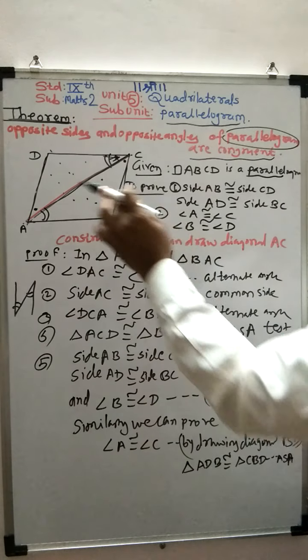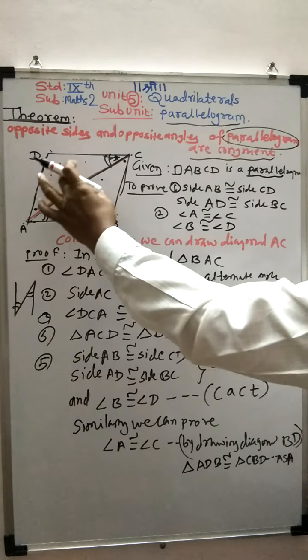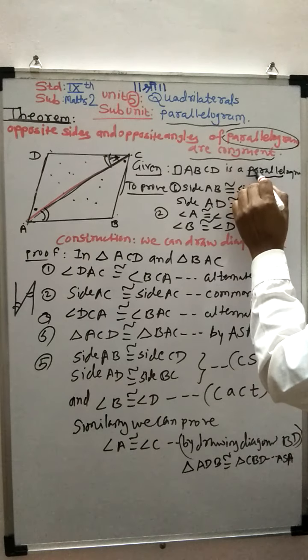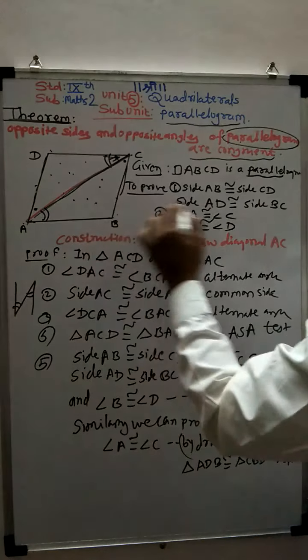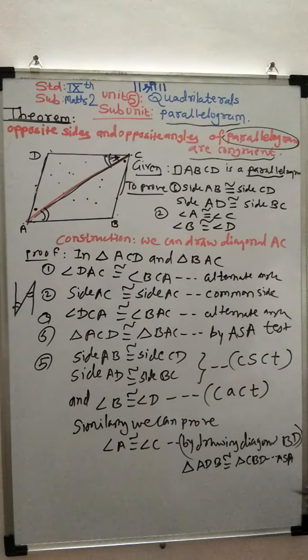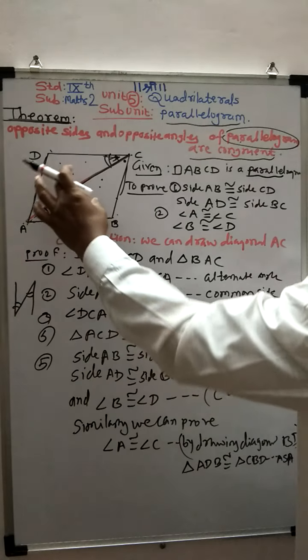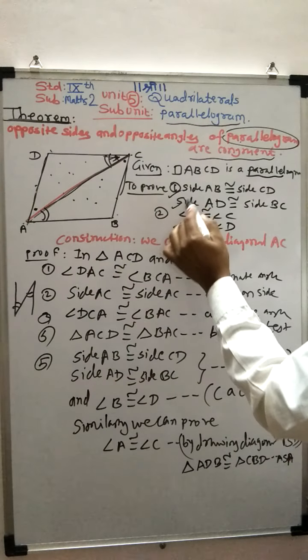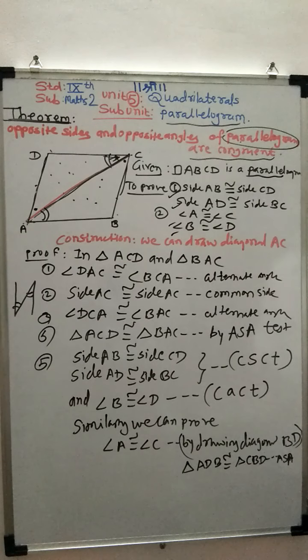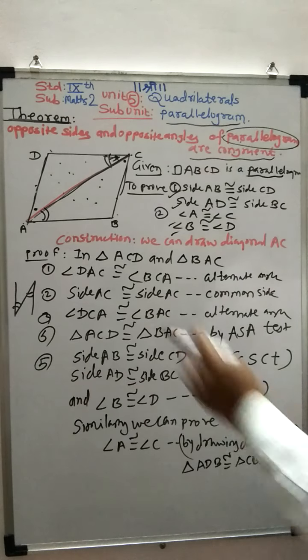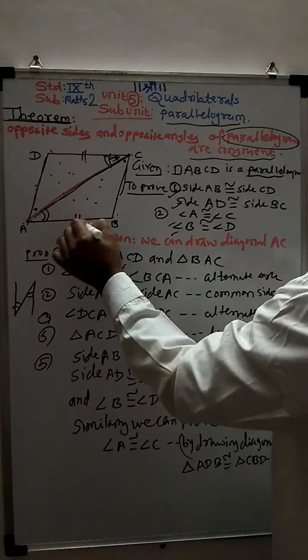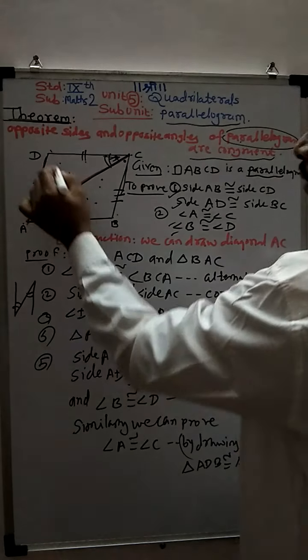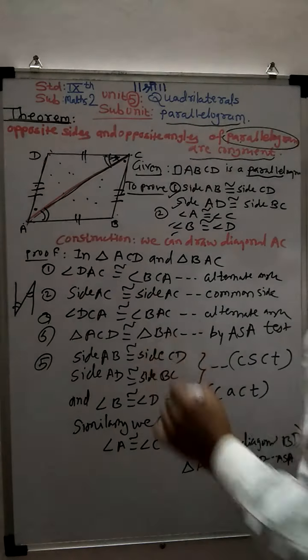Means we have to prove that if the given quadrilateral is a parallelogram, then its opposite sides and opposite angles are congruent. Draw the diagonal first, prove the two triangles congruent, then write that corresponding sides and corresponding angles are congruent. This is the first property.